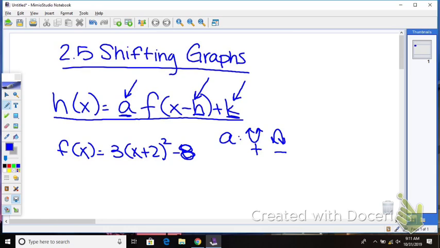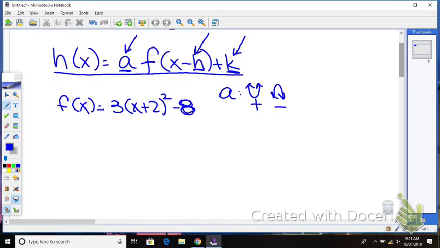If it's negative, then it's flipped over the x-axis, whatever the shape of the graph is. Okay? We're not, like I said, we're not worried about the shape right now. We're just worried about the shift. Shift with an f. Okay? a also tells us if it's wider or narrower. And we'll talk about that more in just a minute.